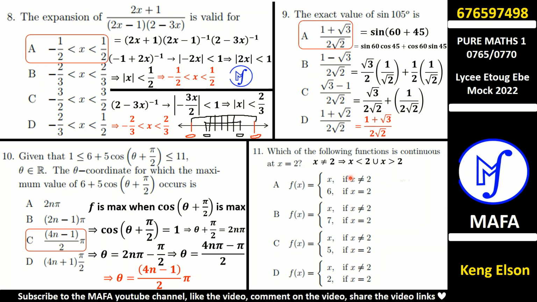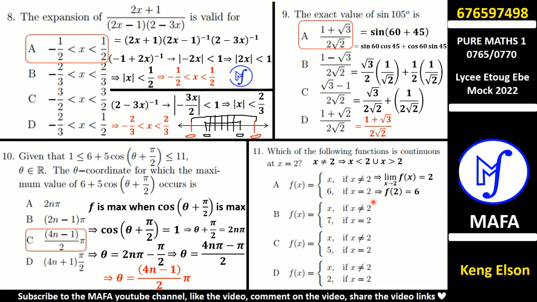Alright, so for the first function, we see that the limit as x tends to 2 is 2, because the limit as x tends to 2 from below, we are using the function x, and the limit as x tends to 2 from above, we are still using the function x, because f of x is equal to x provided x is not equal to 2, meaning that x is less than 2 and x is greater than 2, but different from 2. So we see that the limit as x tends to 2 from above and below of this function is simply 2. So the limit as x tends to 2 of the function is 2.